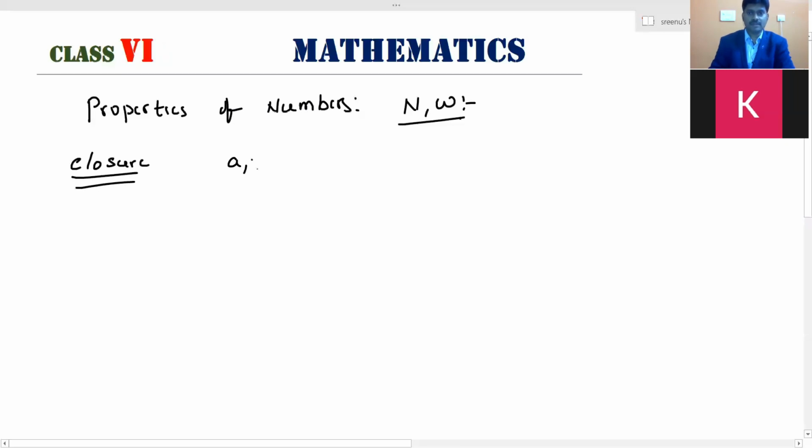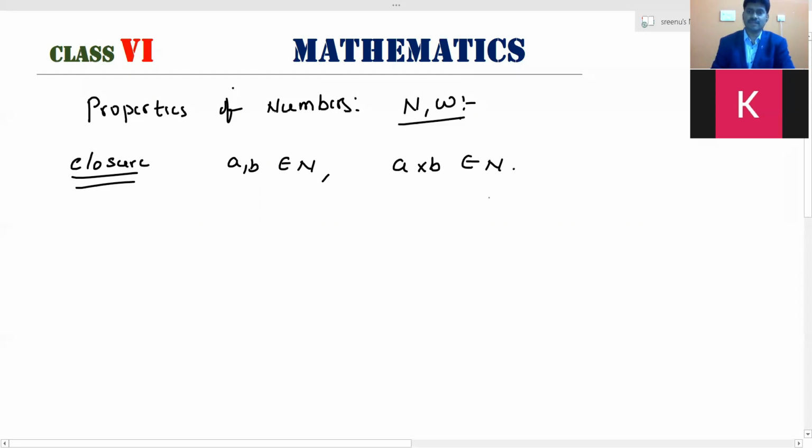So if A, B are any two natural numbers, then A into B is also a natural number, right?